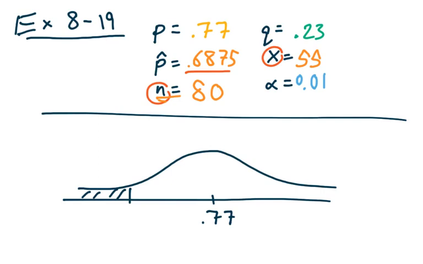If we want to say, okay, look, we think it's greater than 77%, okay, that would be a right-tailed test. That would be over in that region there. Okay, for the case of a two-tailed test, we're just saying it's not equal to, right?